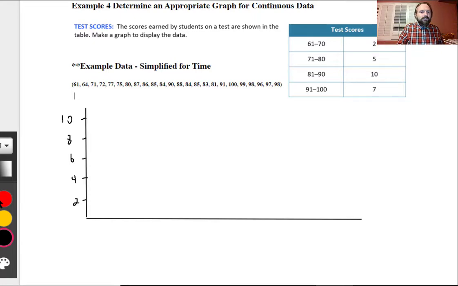And so this is our number of tests. And this is going to be our test scores right here. I think we forgot to label our X and Y categories on the problem above. Not too big of a deal, but it's very important to label.